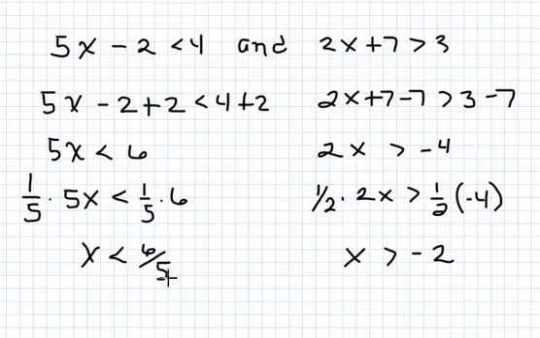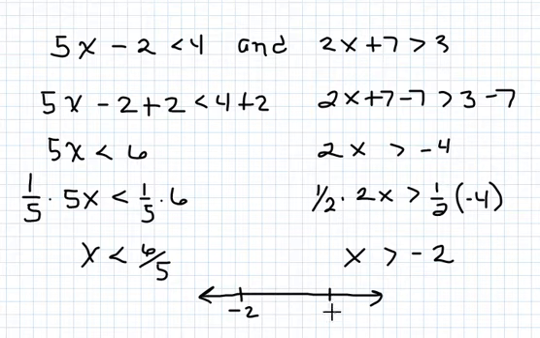So x is less than 6/5 and x is greater than negative 2. Now let me just draw a picture, because a picture is worth 1,000 words, they say. So x is greater than negative 2. I'm going to label my negative 2 here, and we'll put 6/5 right out here.